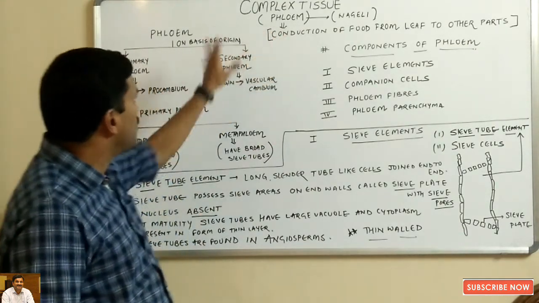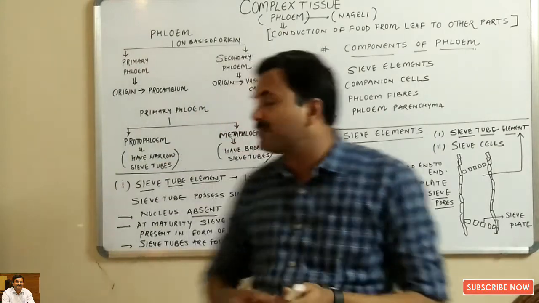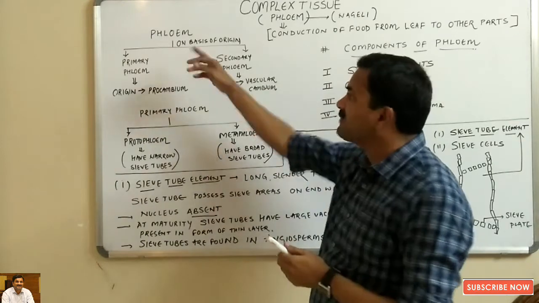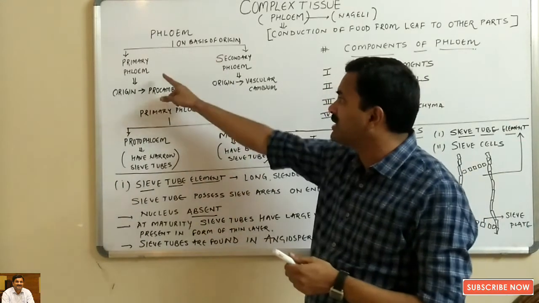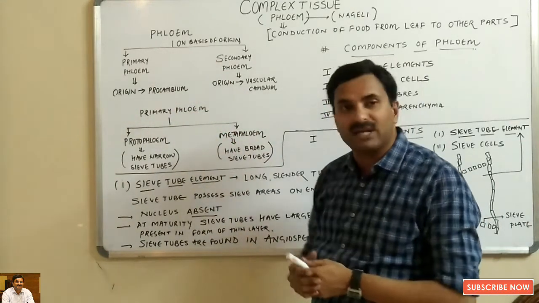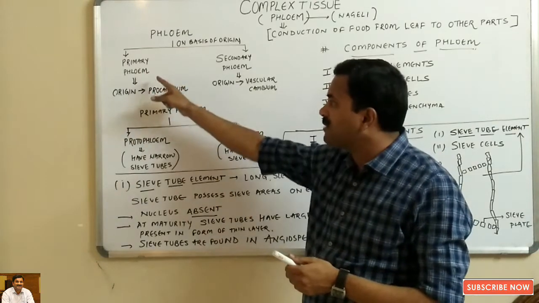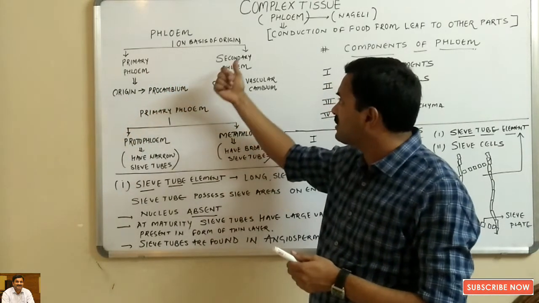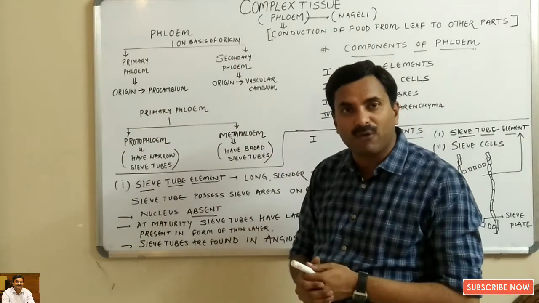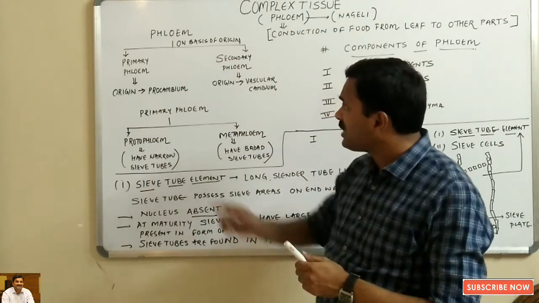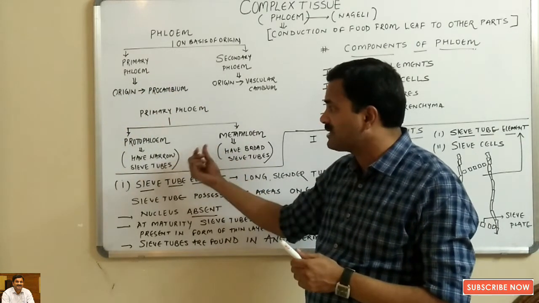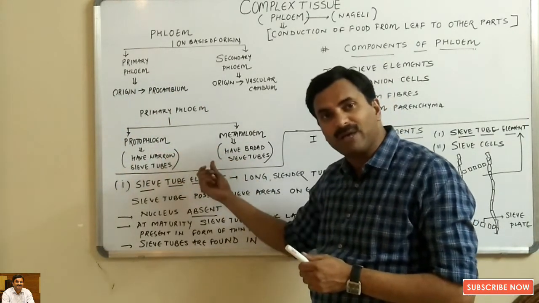Now if we talk about the phloem, then on the basis of origin and development, we can classify the phloem into two categories: primary phloem and secondary phloem. The primary phloem is formed from the procambium, and the secondary phloem originates from the vascular cambium. The primary phloem is divided into two categories: protophloem and metaphloem.